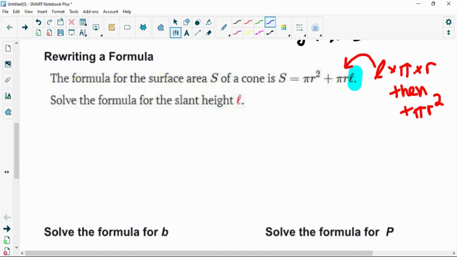To begin, we work our way backwards, and the last thing that happened is that it got added to the pi r squared. It's a positive pi r squared, so to remove that term, we're going to subtract pi r squared from the right and subtract it from the left.